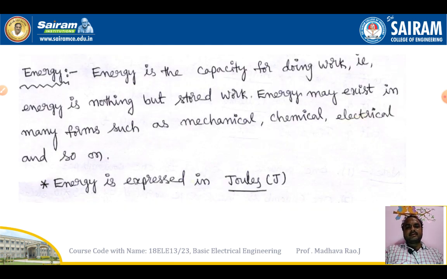Next we will see what is meant by energy. Energy is the capacity for doing work. So it is nothing but stored work, right? Energy we cannot create, we can only transform one form to another form.